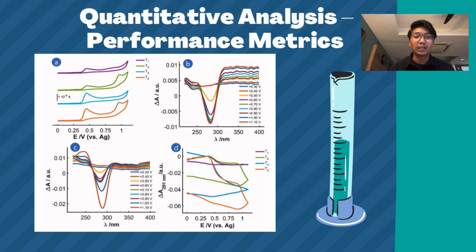Using PARAFAC, they achieved an R squared of 0.996, a low detection limit of 13.22 micromolar and a recovery rate of 98%. The relative standard deviation was 3.8%, showing good precision and repeatability even with real urine samples. So, multivariate analysis clearly improves the accuracy and robustness of the method.